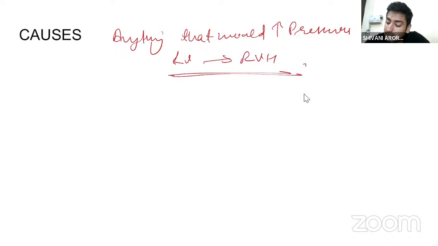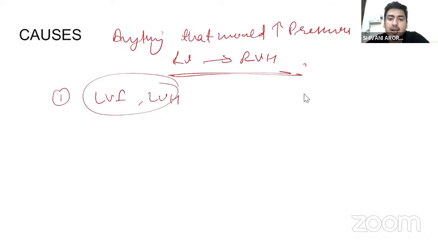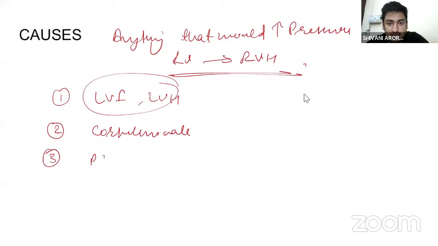Second cause is cor pulmonale. So any pathology of the lung would lead to pulmonary hypertension and then it would lead to RVH. Third cause is pulmonary stenosis. Can also be seen in TOF. Can also be seen in mitral stenosis. We have these many causes of RVH.